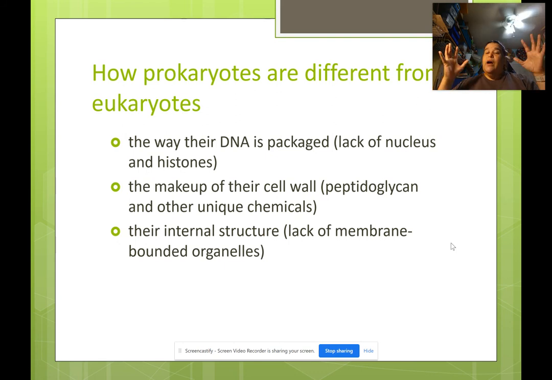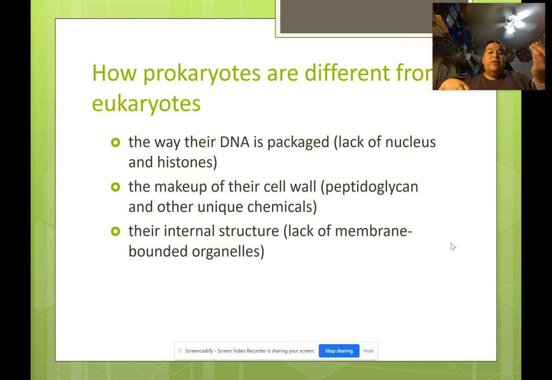That isn't the right word. Well, it's just a lot more. So you kind of have to organize it and spool it so that it doesn't tangle. So not only do prokaryotes not have a nucleus, but there's also not that histone spooling that you see in eukaryotes.